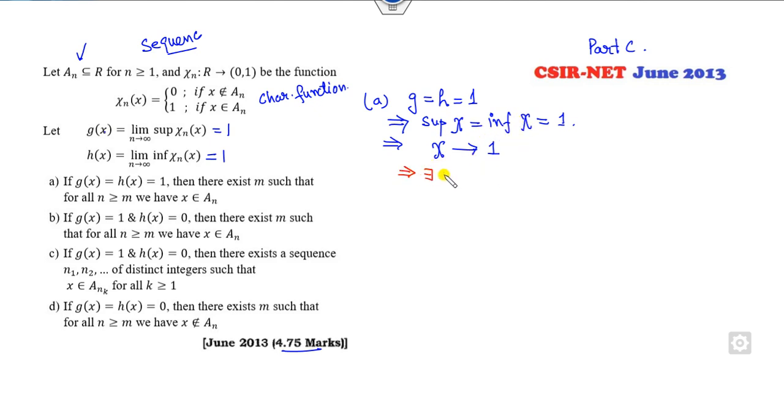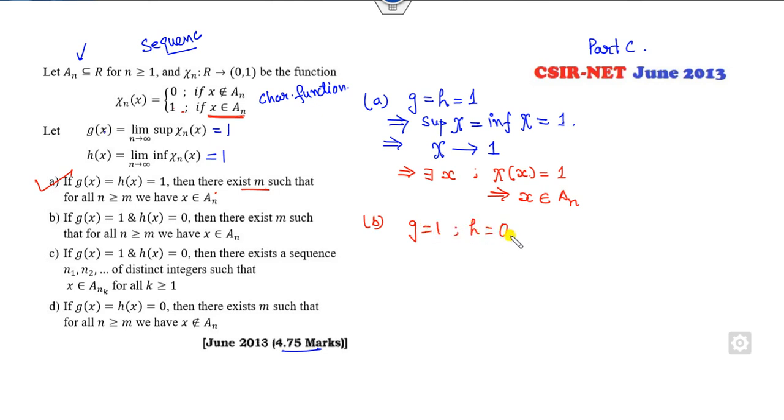There exists at least one x such that xi of this is 1. So what is the meaning of that? If xi is 1, x belongs to a of n. So there exists an m; this is the correct option. Look at the second option. If g is equal to 1, h is equal to 0.